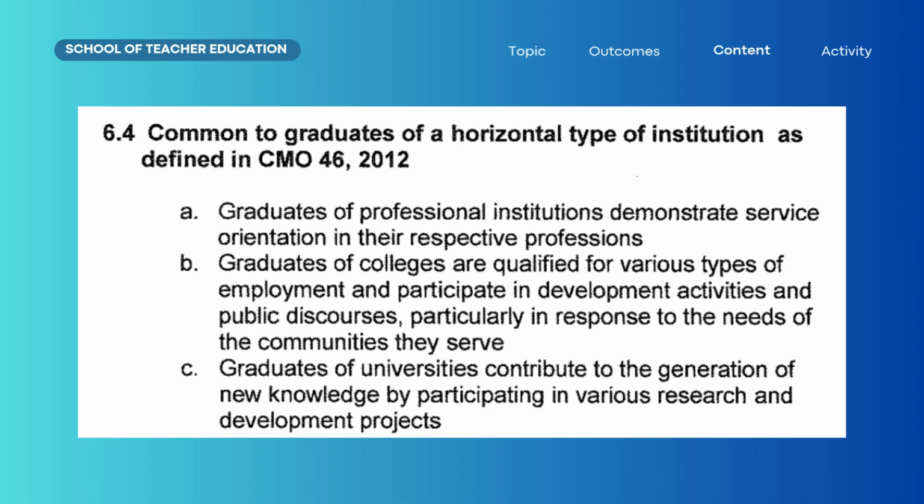And this is common to graduates of horizontal type institutions as defined in CHED Memorandum Order 46, series of 2012. Horizontal type means to say that institutions are categorized into professional institution, college institution, or university institution.